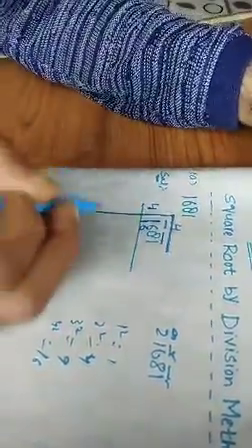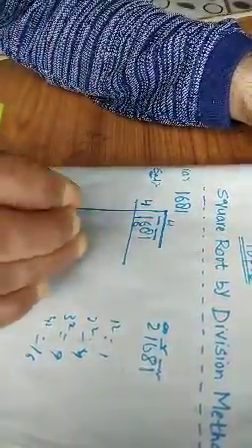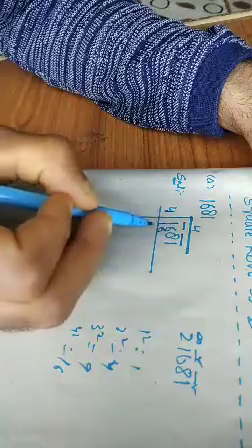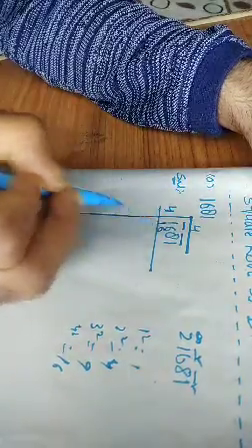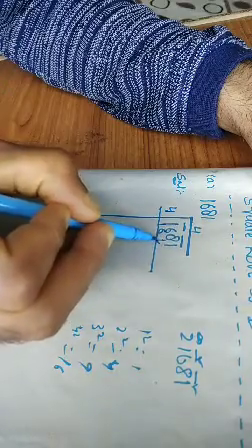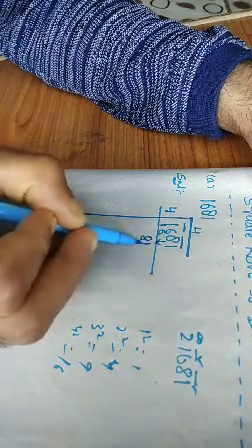After writing it, we follow the general rule which we follow in general division, that is, we go on subtracting like this. 16 minus 16 will be 0, no need to write here. Then we bring this next pair down.